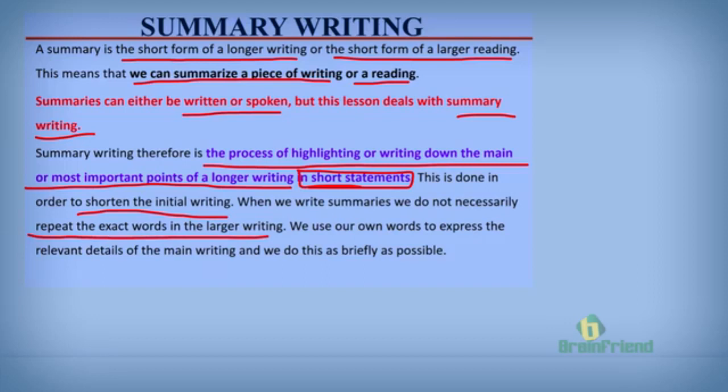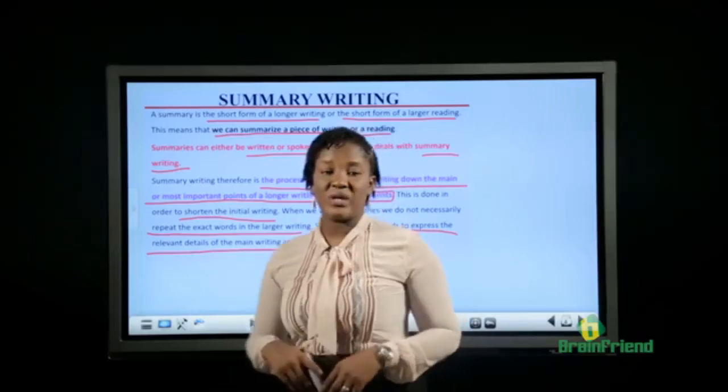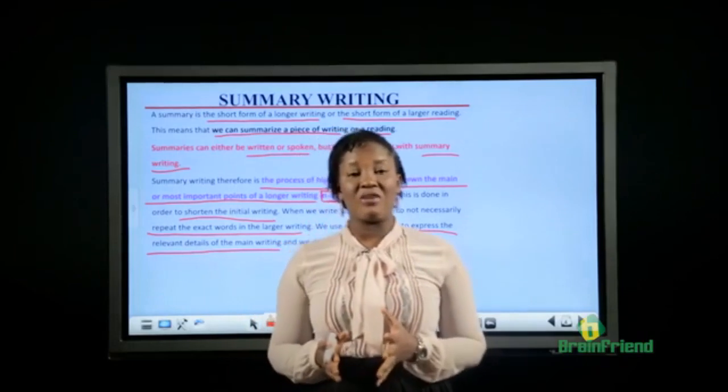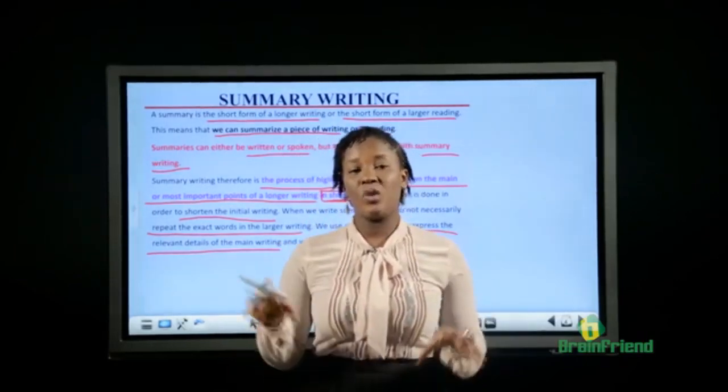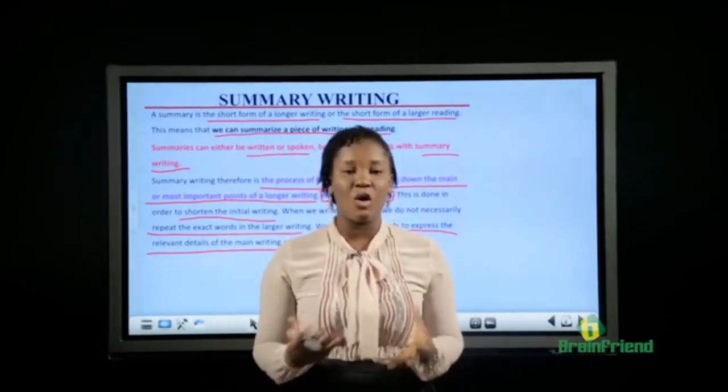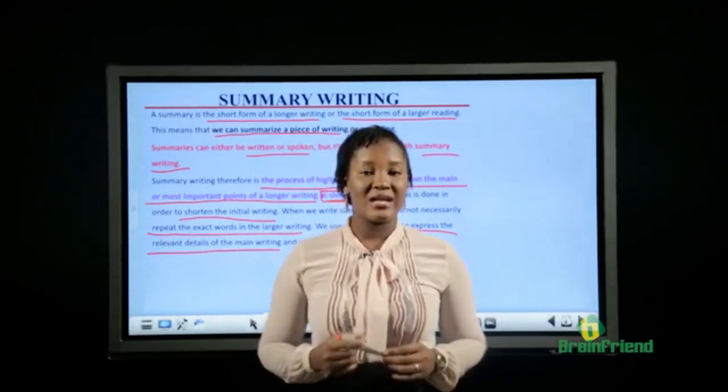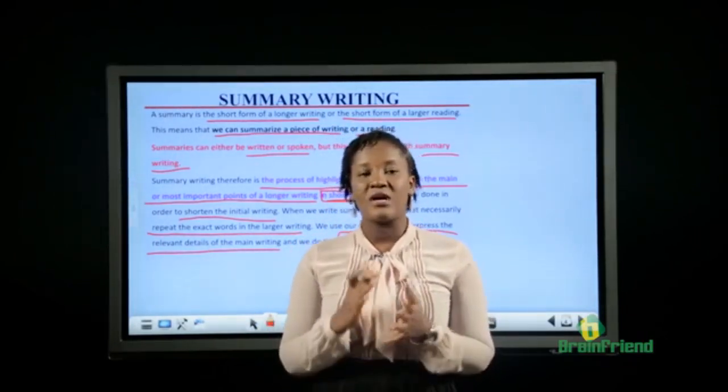We use our own words to express the relevant details of the main writing, and we do this as briefly as possible. So when we intend to make a long writing short, we do so in form of a summary.